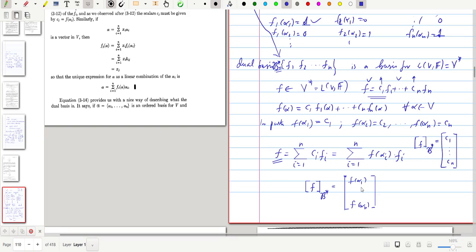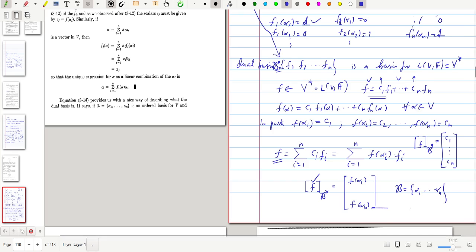This is nothing but the images of alpha 1, alpha 2, alpha n under the function f. So in order to get the coordinates of f, you need to evaluate that function at every basis point. Here B is alpha 1 etc. alpha n. So this is the interesting connection between B star and B.